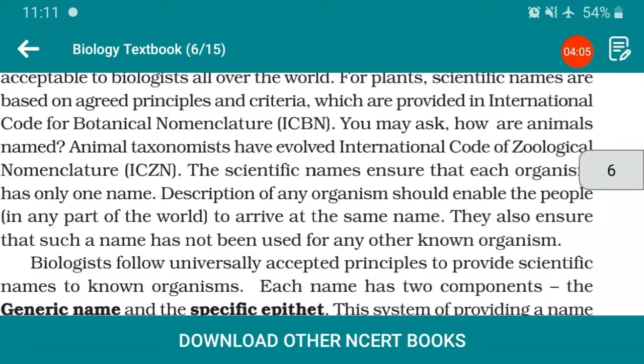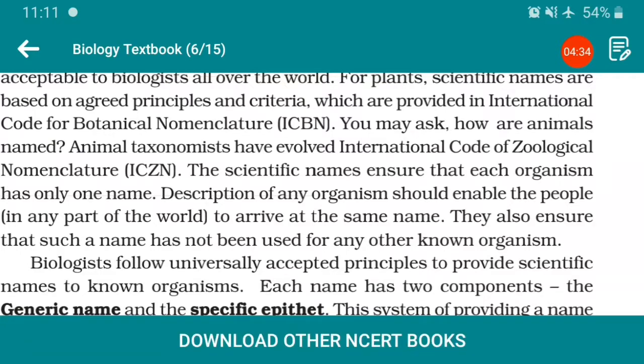The scientific names ensure that each organism has only one name. Description of any organism should enable people in any part of India to arrive at the same name. They also ensure that such a name has not been used for any other organism. Suppose humans: the scientific name is Homo sapiens.